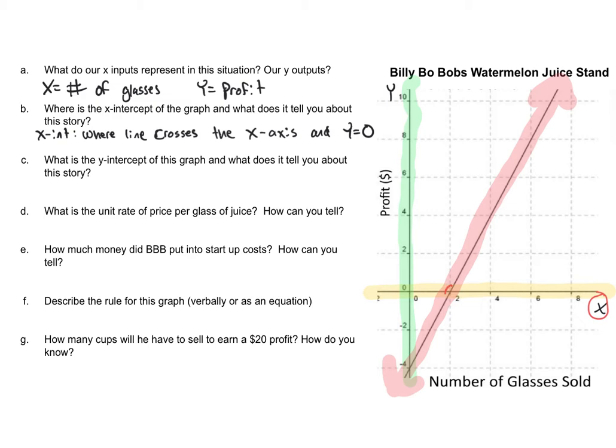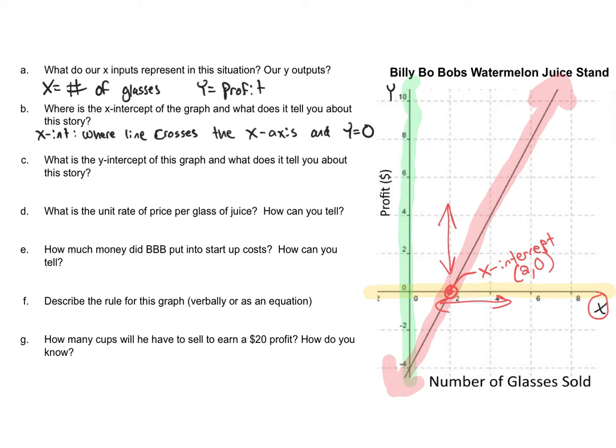So this point right here is our x-intercept. And that is the point when x is 2 and y is 0. Remember, x represents our horizontal movement, and y represents our vertical movement.